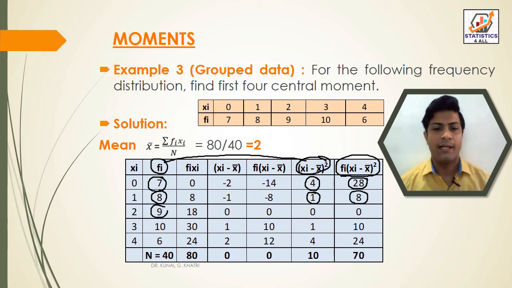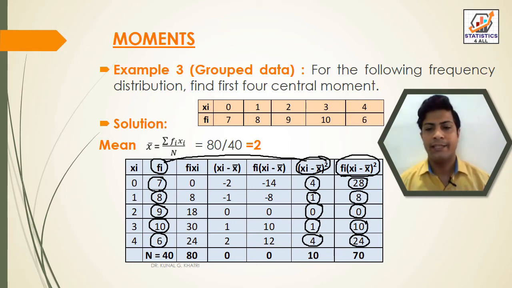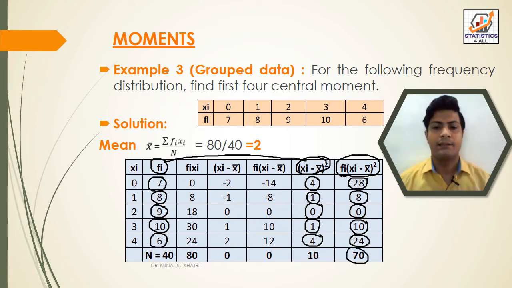Then 9 into 0 is equal to 0. Then 10 into 1 is equal to 10. And 6 into 4 is equal to 24. After multiplying all the values, we will take the sum of fi into xi minus x bar whole square. We get the answer 70.